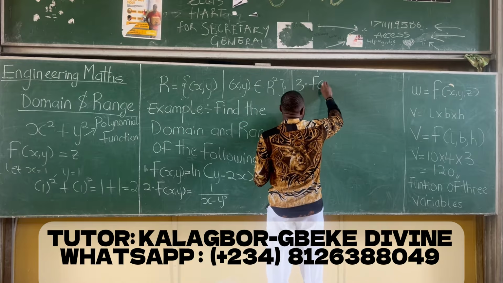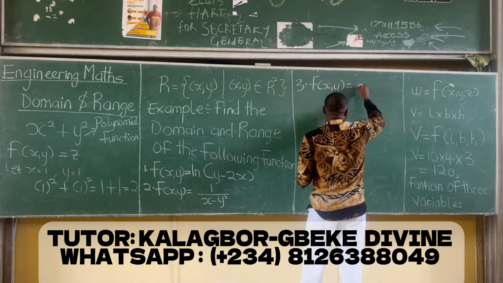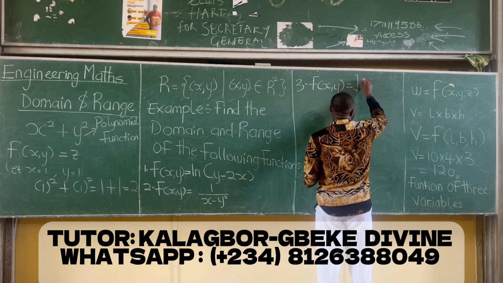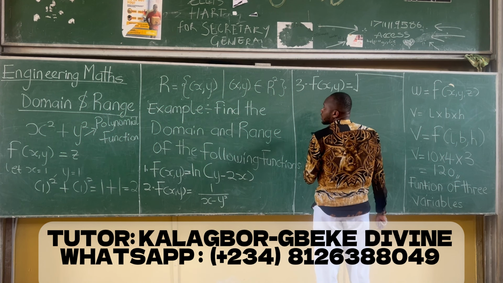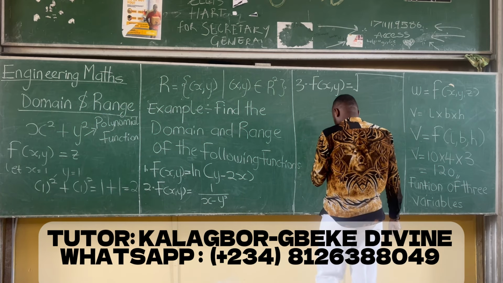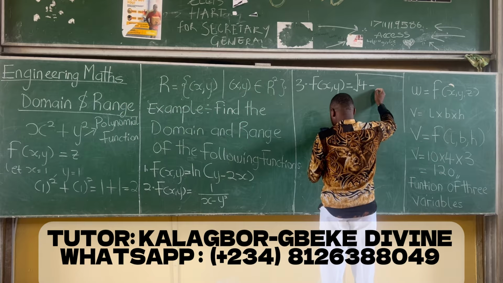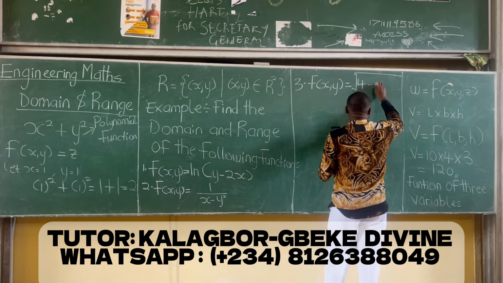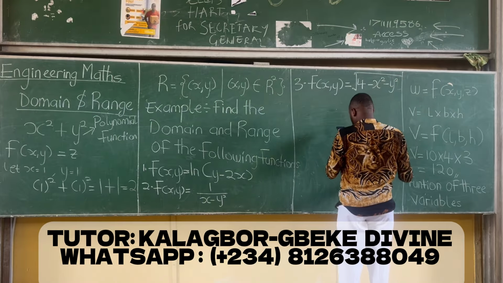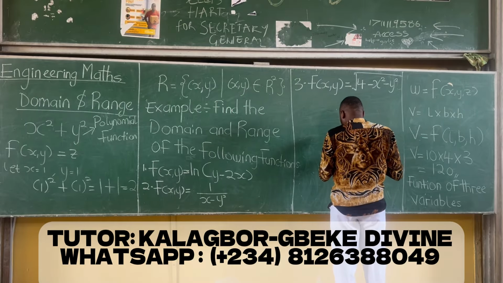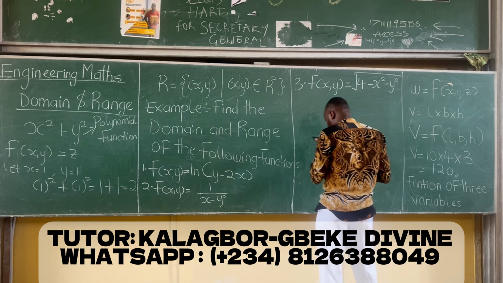We say f of x, y is equal to the square root of 4 minus x square minus y square, equals the square root of 4 minus x square minus y square.